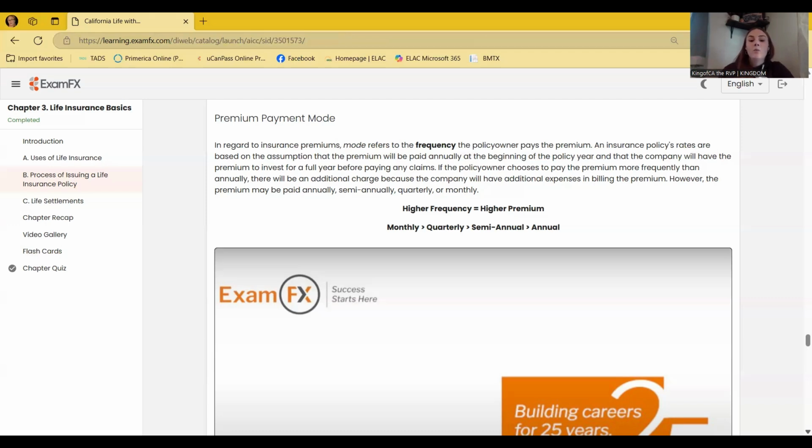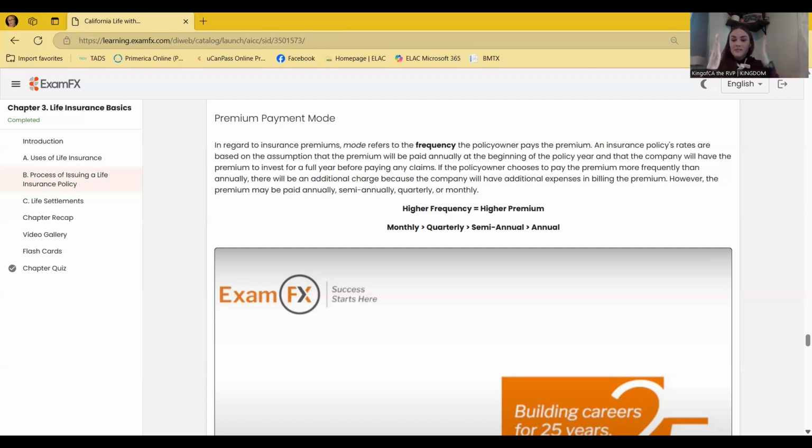So just keep in mind with the premium payment mode, we need to know that the higher the frequency, right, the higher the premium. What this means is, remember that there's that expense charge and there's interest and there's just the insurance cost itself, right?